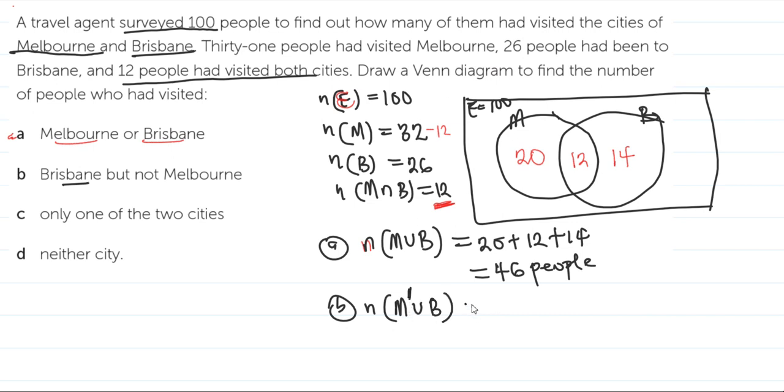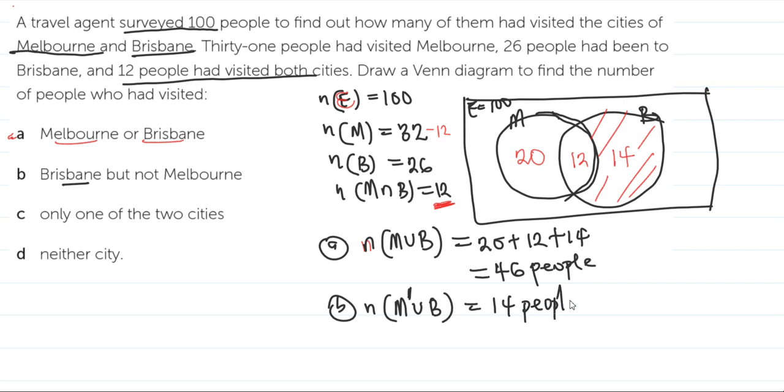That will be Brisbane only, without any part of Melbourne. All this part of Melbourne will be cut away. So the part that is of concern to us is this part I just shaded. That will simply leave us with 14 people.